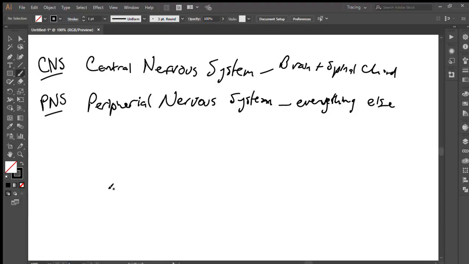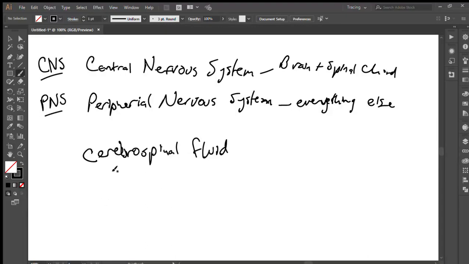Within the spinal cord and the brain is something called cerebrospinal fluid. Basically, there's a liquid that cushions your brain and your spinal cord. It's made to allow it to bounce around a little bit and not be damaged.